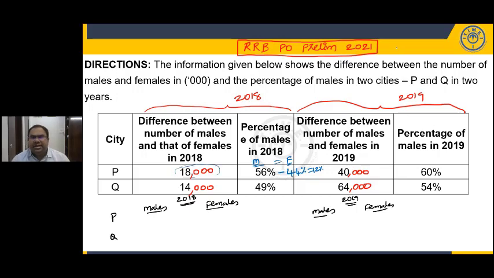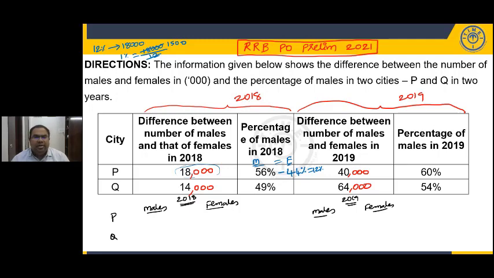So 12% is 18,000, 1% is 18,000 by 12, which is 1,500. So males are 56% and females are 44%.